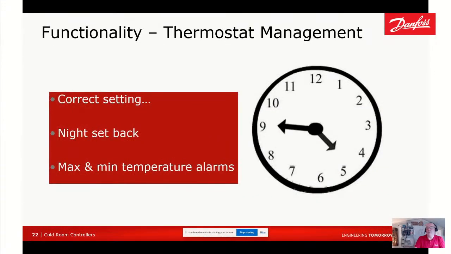Things like night setback. Do we want to save energy? Yes, everybody wants to save energy. So maybe we can increase the temperature by 1 degree C on a night time when the door's closed. If we increase the temperature by 1 degree, we can save about 2% energy. And then also think about max minimum temperature alarms, things like that.